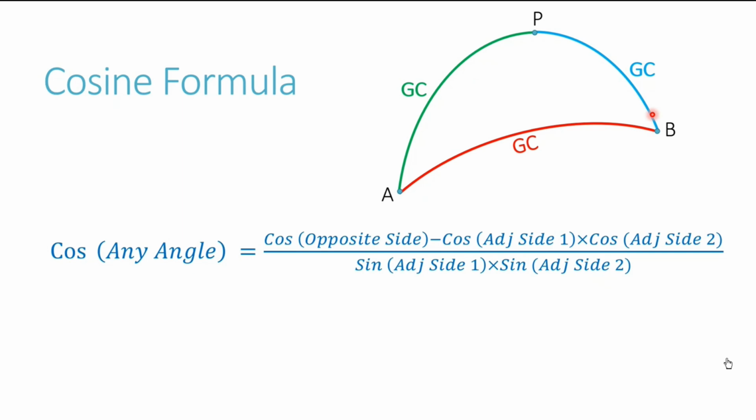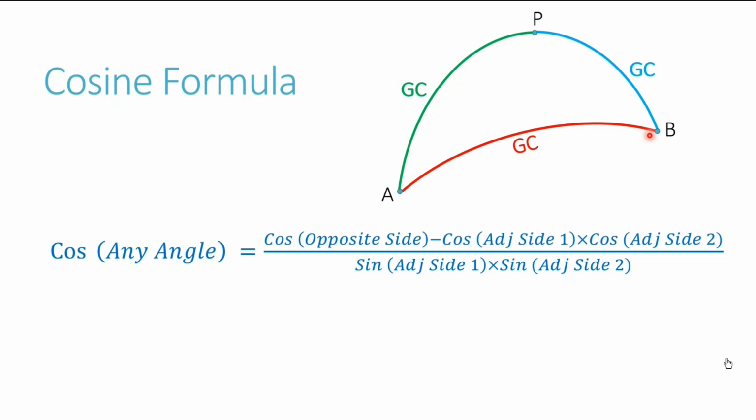These two sides which make this particular angle are known as adjacent sides. The third side, which is not in any way involved in making this angle, in our case side AB, Alpha Bravo, is known as the opposite side. So this is how we explain the adjacent sides and the opposite sides.